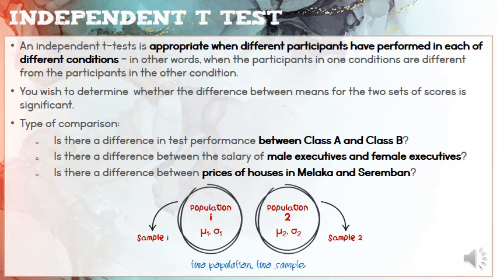So other than that, you maybe can compare the difference between the salary between male exec and female exec, or you nak compare prices between houses in Melaka and Seremban. Okay, so independent t-test is where you nak compare means between two groups.